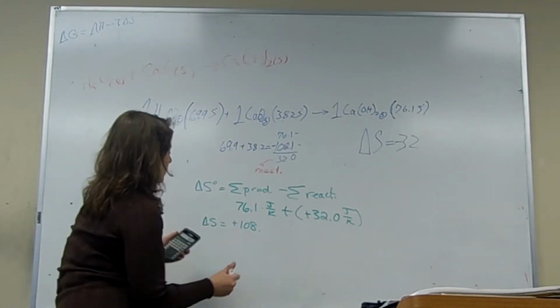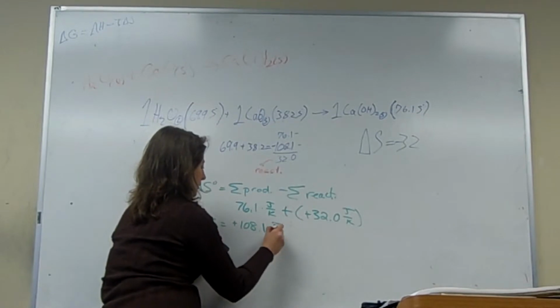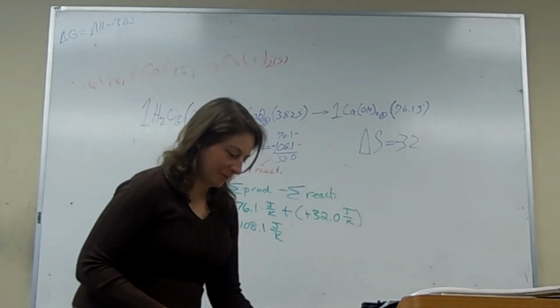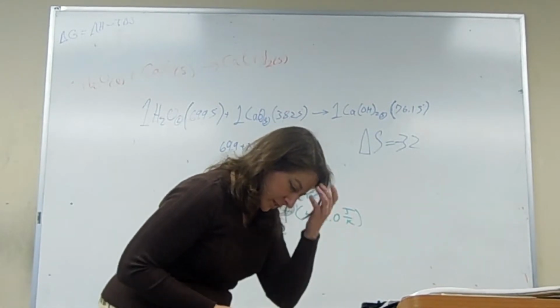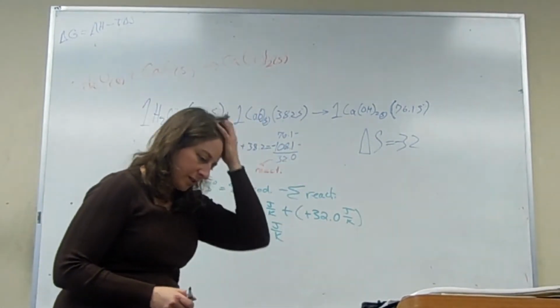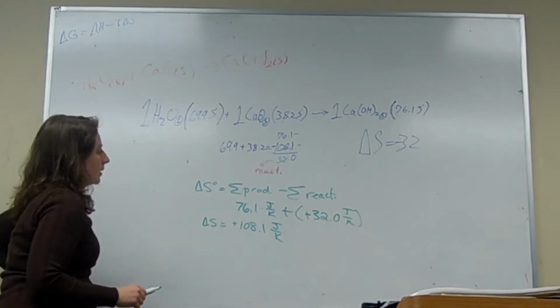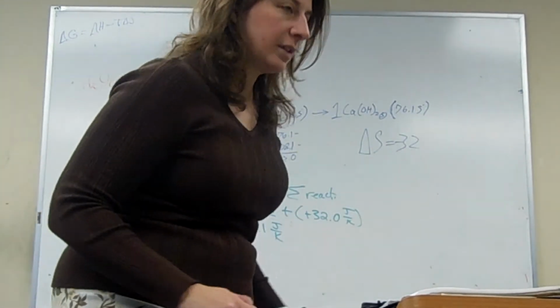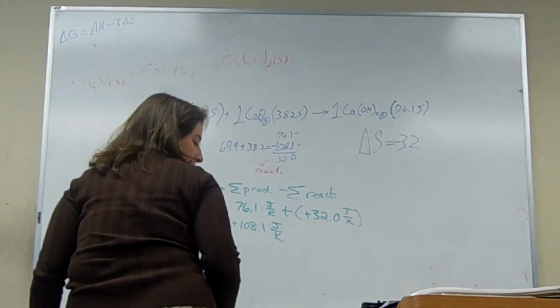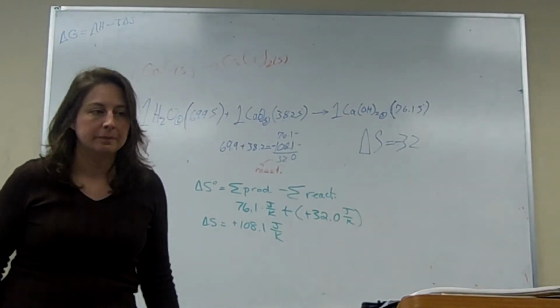Hopefully they should. That's not what I got. So let's go hunting for a mistake. Let me know if anyone spots it, because I haven't spotted it yet and I can't find my chart.